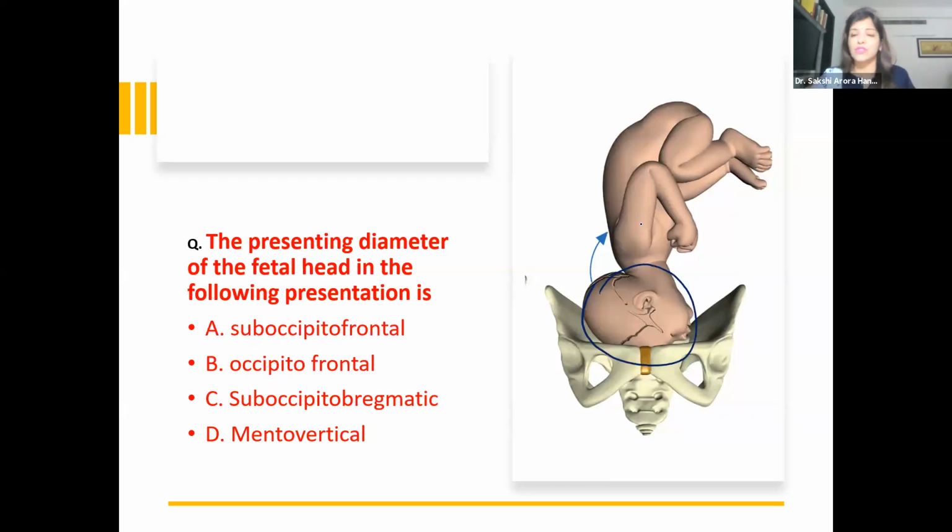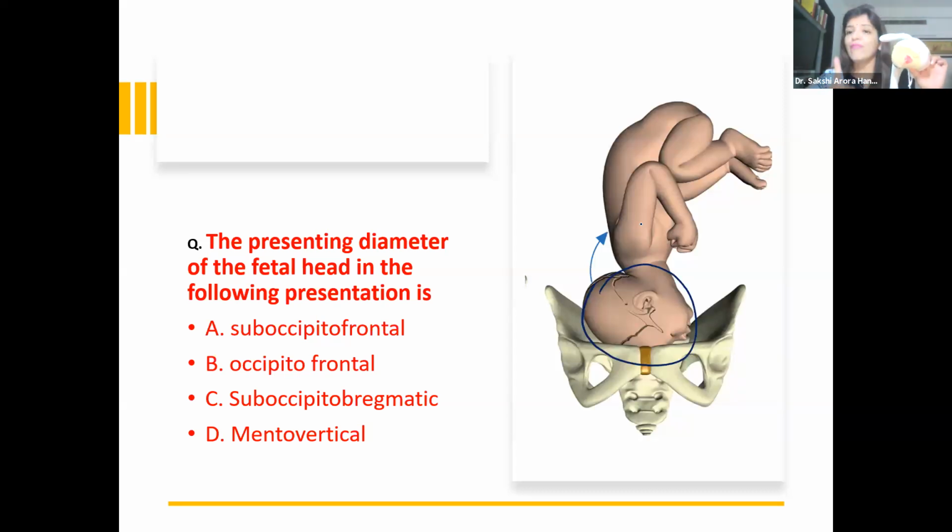Now, in case of cephalic presentation, there can be 3 kinds of presenting part. Number 1, presenting part can be vertex. How do you define vertex? Vertex is the part of the head which lies between the posterior fontanelle and anterior fontanelle, right? So whenever the head of the baby is fully flexed like this, and when I am doing a per vaginal examination, my fingers are going to touch the vertex.